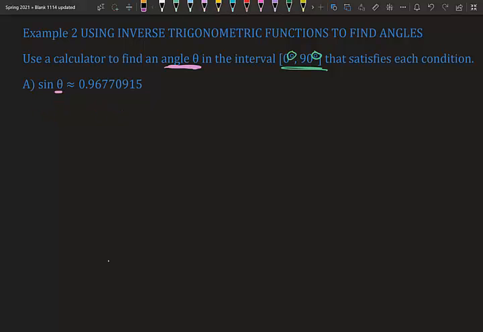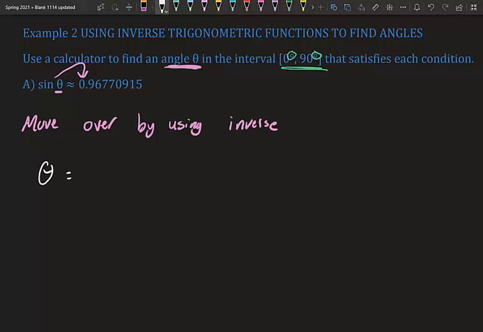What you do to move it over is you take the inverse. So to move it over, we would have theta equals the inverse of sine 0.967709115. So moving it over, you're taking the inverse.